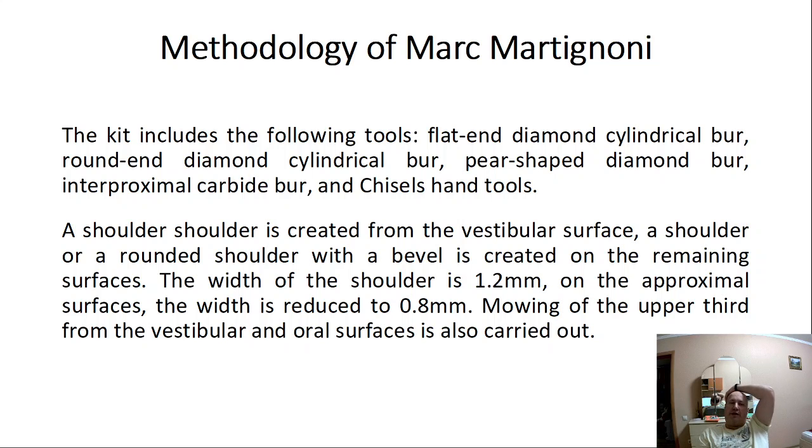A rounded shoulder with a bevel is created on the remaining surfaces. The width of the shoulder is 1.2 millimeters, and on the proximal surface, the width is reduced to 0.8 millimeters. Movement to the upper third from the vestibular and oral surfaces is also carried out.